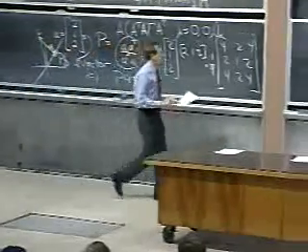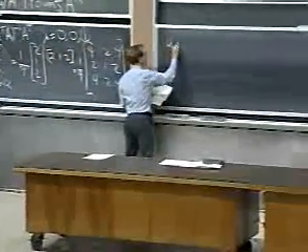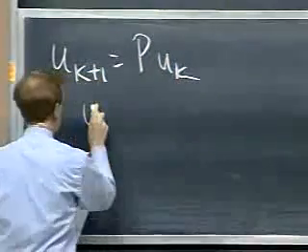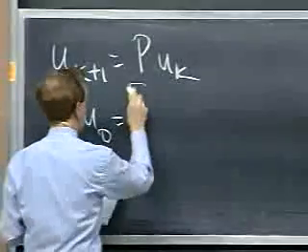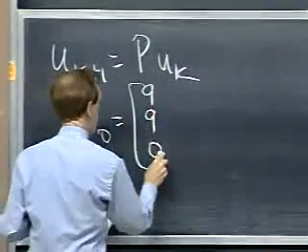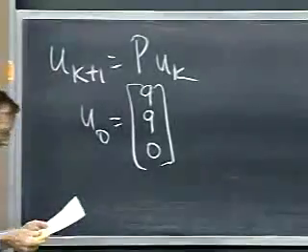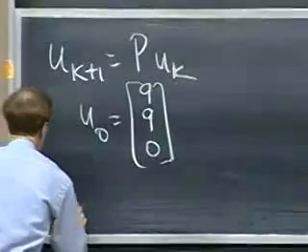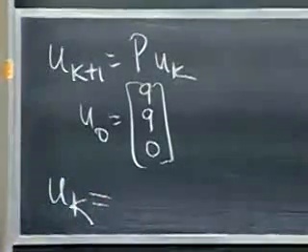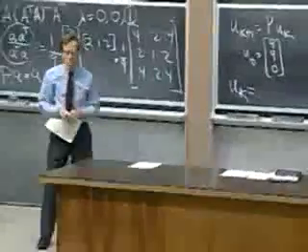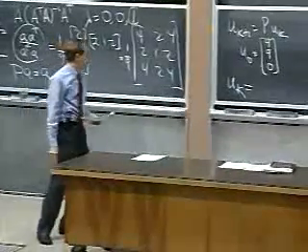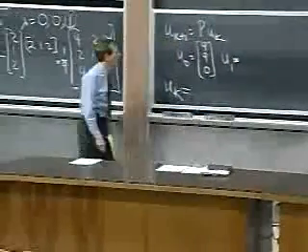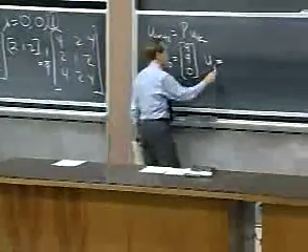So this is: solve U_{k+1} equals P U_k, starting from U0 equal (9, 9, 0), and find U_k. So shall we find U1 first of all, just to get started? What is U1? It's PU0, of course.